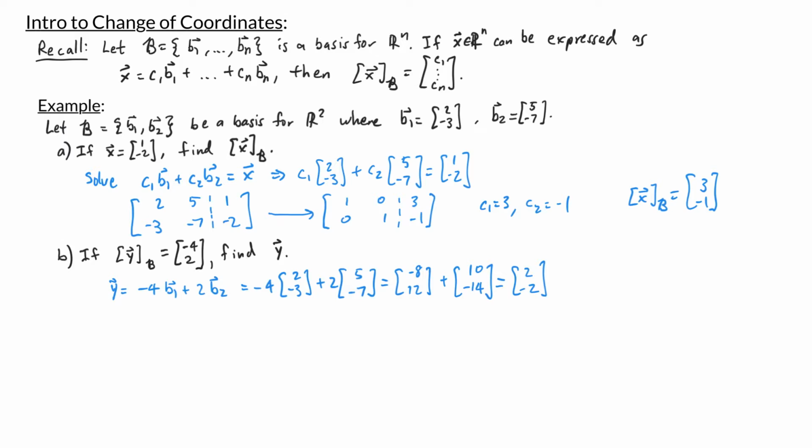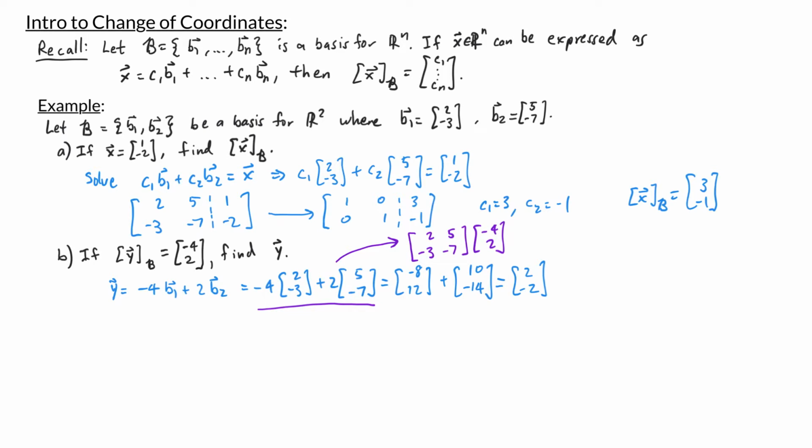One thing to note when we were calculating this is we did -4 times the vector 2, -3 plus 2 times the vector 5, -7. This can be thought of as a matrix multiplication, so this can be rewritten as the matrix 2, 5, -3, -7 times the vector -4, 2.